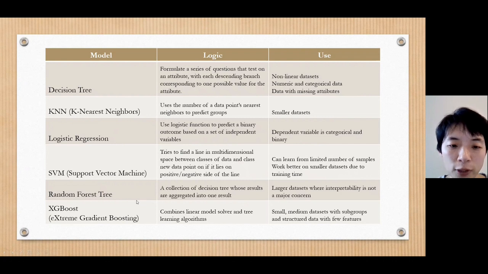And the random forest tree is a collection of decision trees whose results are aggregated into one result. So the decision tree model can grow very comprehensive, but in the end, it's only one tree.